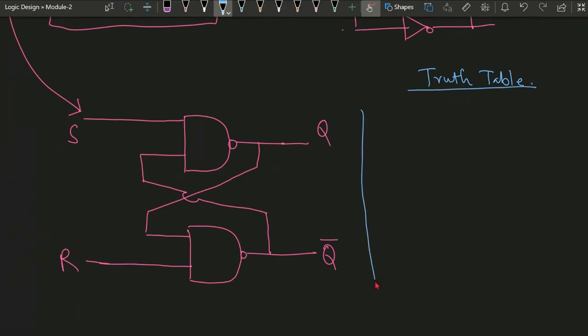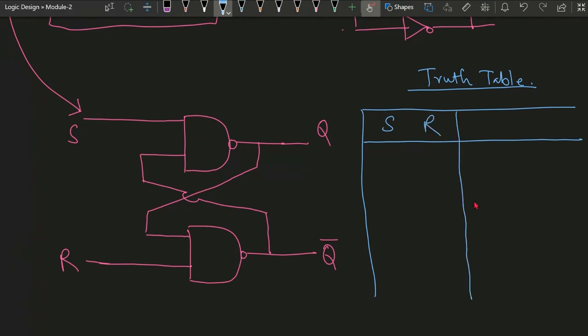In the truth table we have S and R as the inputs, and after the inputs we have the output Q. We can represent Q only, because Q bar will be just the opposite of Q. We will be taking the conditions S and R equal to 0 0, 0 1, 1 0, and then 1 1.